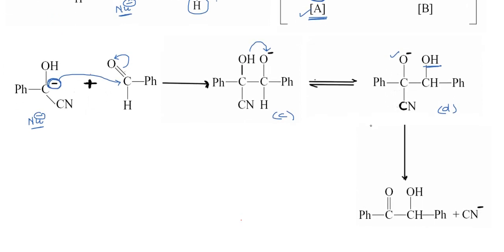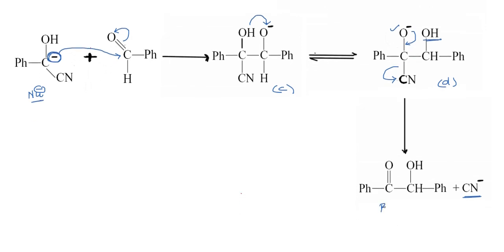After that these electrons are shifted here and now the CN minus ion will break this bond and take away the electron, and it will convert it again into the cyanide ion, and there is a new bond formation, that is double bond formation between this oxygen atom and this carbon. So this is the formation of a benzoin. Here again we get this benzoin.